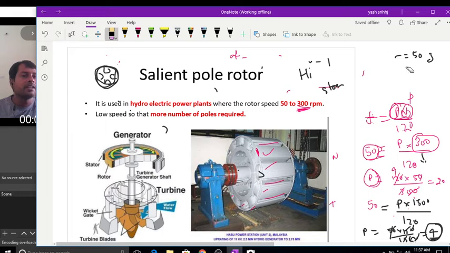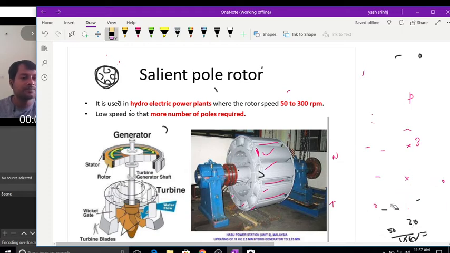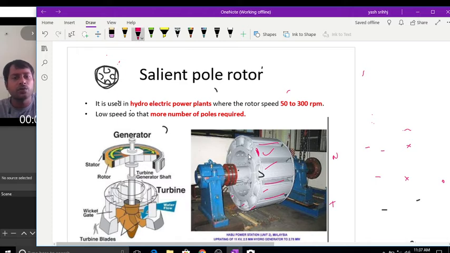But in thermal or nuclear power plants, speeds are high, so we use a smaller diameter and more axial length. I discussed this classification based on diameter only. Now let us discuss the axial length. Look at this one clearly.